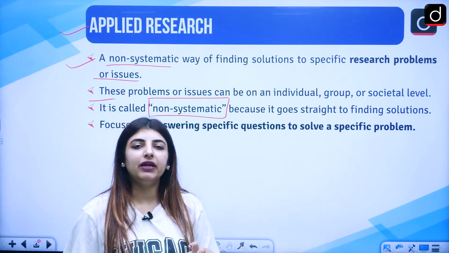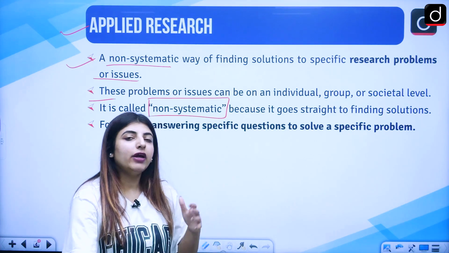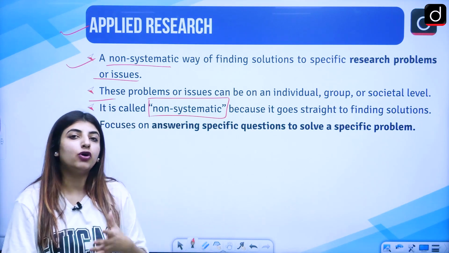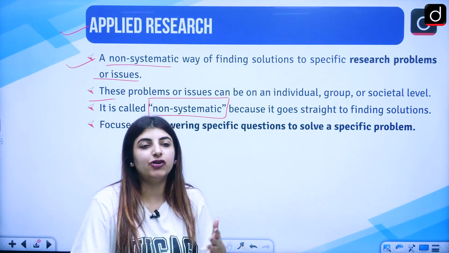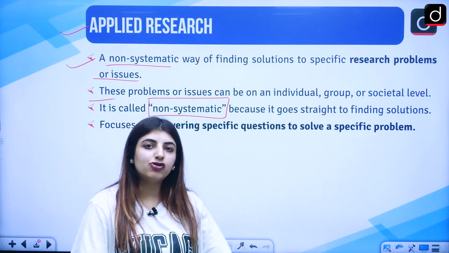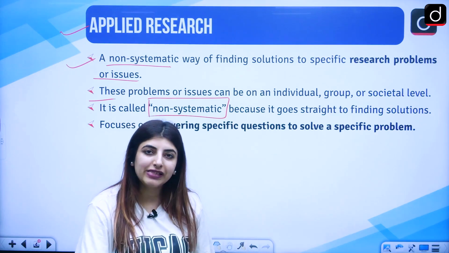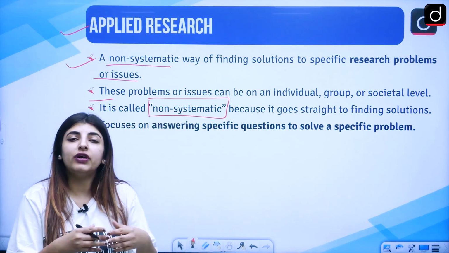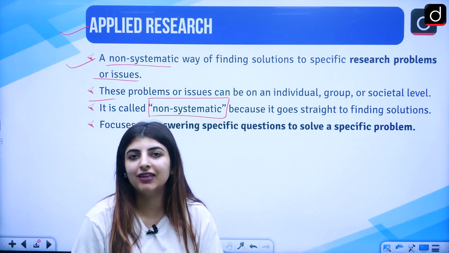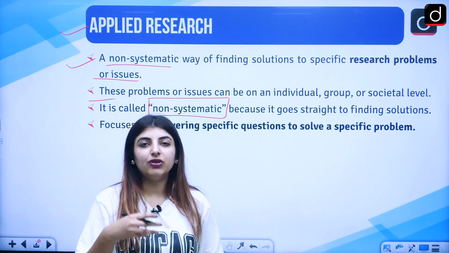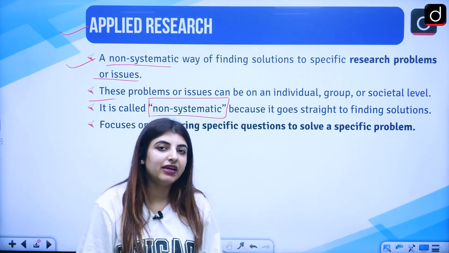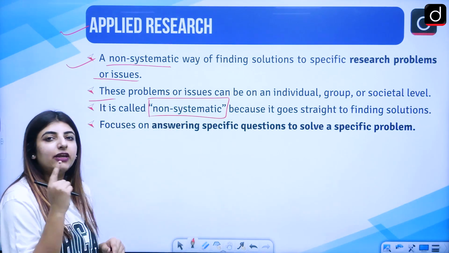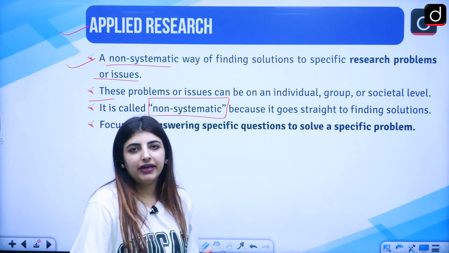Let me give you an example here of the applied research. We all have heard of the dowry system, the Indian dowry system, where the daughter, when she is married to another household, is supposed to bring with her a lot of jewels, a lot of wealth, etc. And the in-laws also don't even resist that very thing, saying no, we don't need it. So that very system, which is an ill prevalent in society, applied research will be trying to find the solutions as to what can be done.